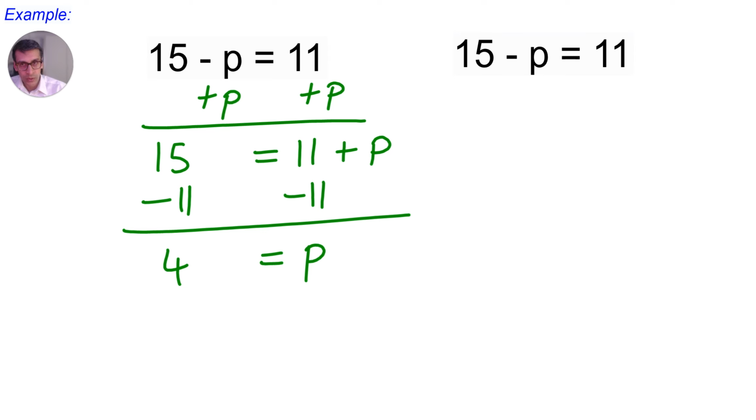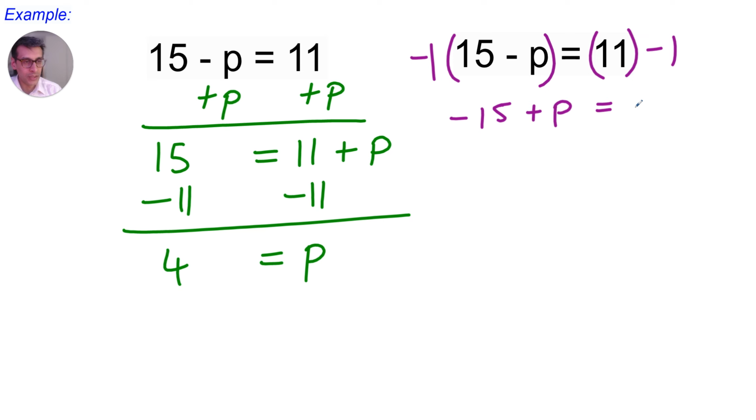Or something else here, and this is going to be a new thing for you to look at, is we could put the whole thing in brackets and multiply it by negative 1. What this does, when you multiply anything by negative 1, is all of the signs in the bracket change. So this becomes negative 15 plus p equals negative 11.